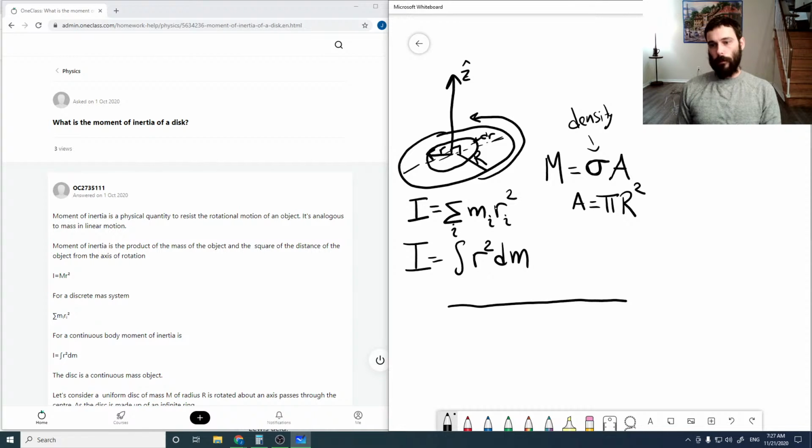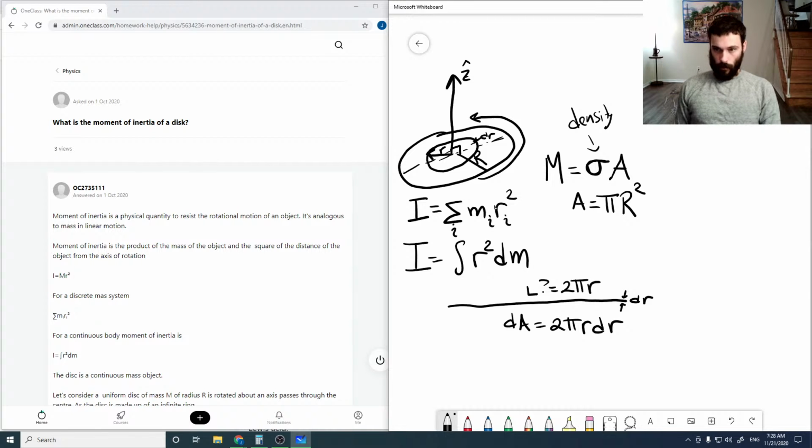And so the width of the ring is dr. And what's the length of the ring? Well, the length is just the circumference of a circle at a radius r. So that'll be 2 pi r. So that means the area of this ring, dA I'm going to call it, this small area, is 2 pi r dr.